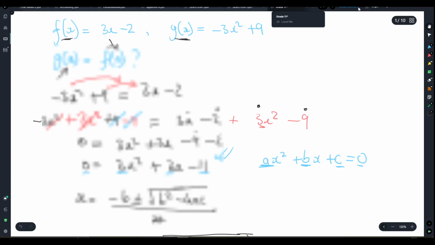It's actually somewhere here that they are equal. This one might be 1.48, and down here, somewhere down here, is where they touch each other.